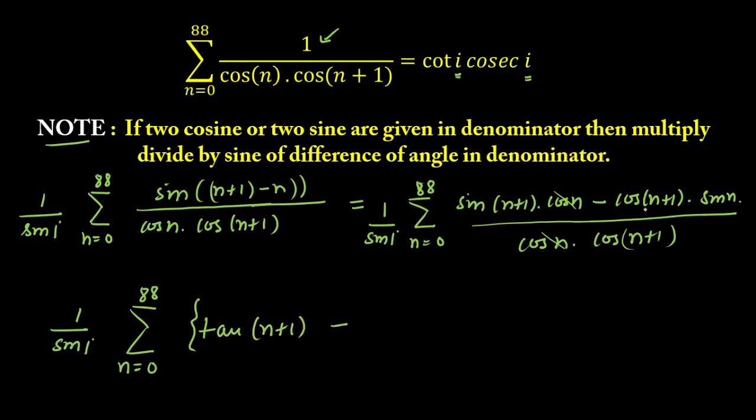Minus, for the second term, cos of n plus 1 will cancel out, and I'll get sine of n by cos of n, that is tan of n. In the next slide I'm going to convert this series into a telescopic series.